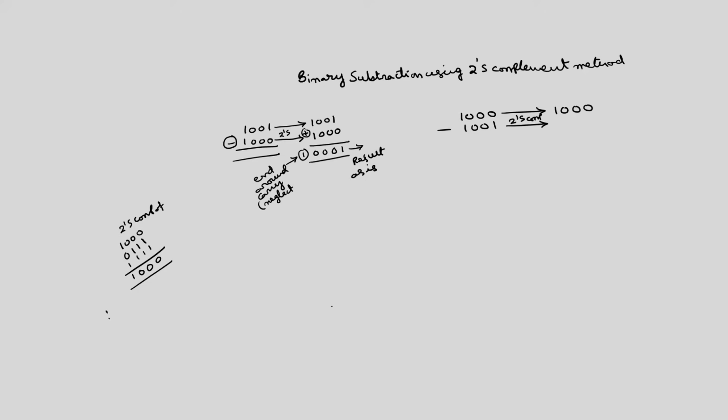The 2's complement of 1001: the 1's complement is 0110, and you add 1 to get 0111. Adding 1000 and 0111 gives 1111, with no end around carry. So the result is negative, and the result is obtained by taking the 2's complement.